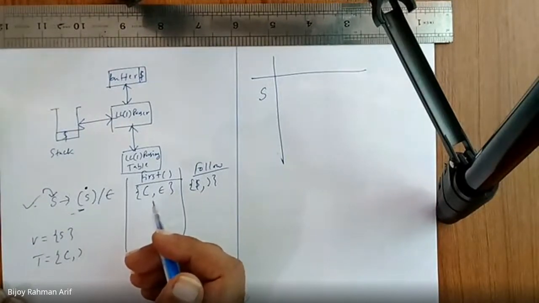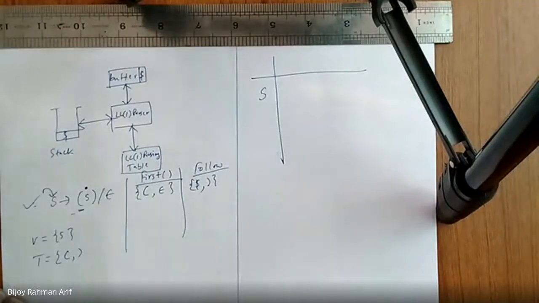Is it clear to you? Terminals are only those which can appear in strings, so epsilon can never appear in a string. That's why epsilon is a pseudo terminal.